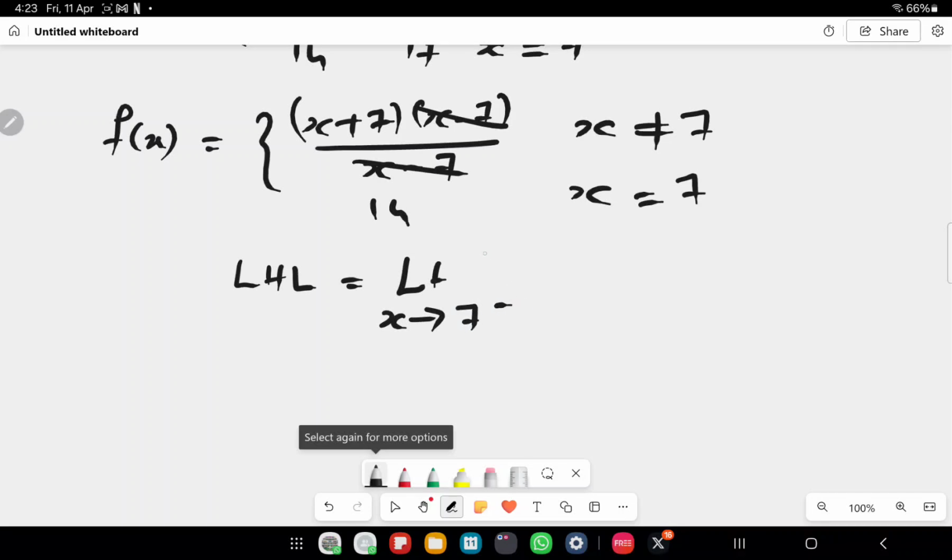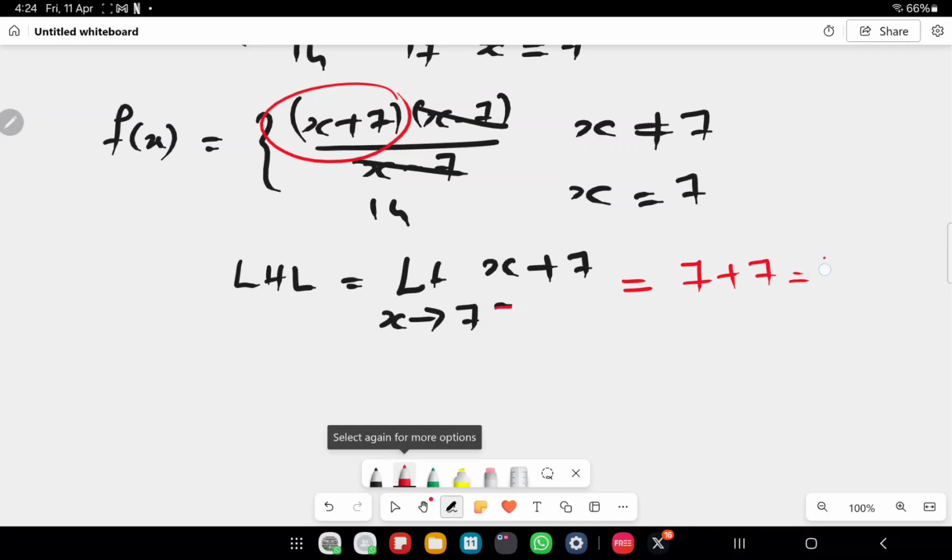You will be using x plus 7 because only x plus 7 is left. 7 minus means a value just before 7, approximately it is 7 only. So when you substitute, it is 7 plus 7, so you get 14.